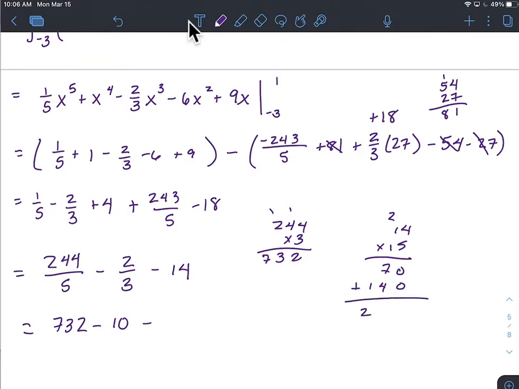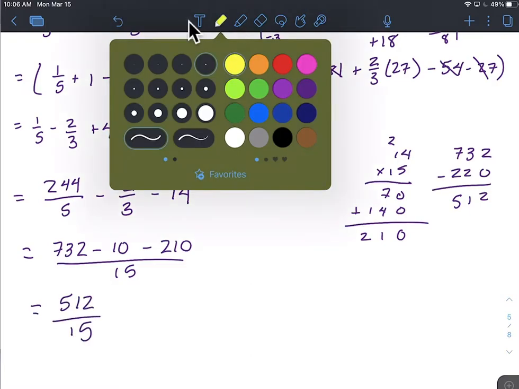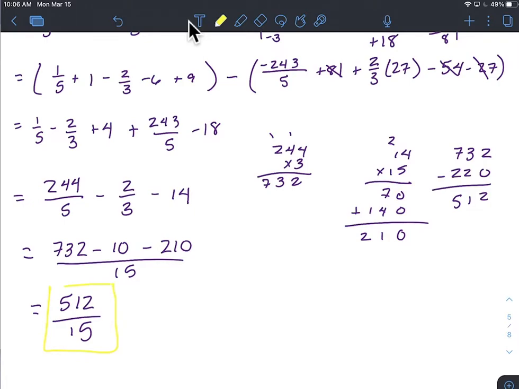That is going to be 210 then, right, all over 15. Okay, so let's see, that's 732 minus 220, so that's 215. Okay, that was a lot harder than it needed to be and a lot longer of a process. We'll use a calculator probably on the next couple just to speed this up.